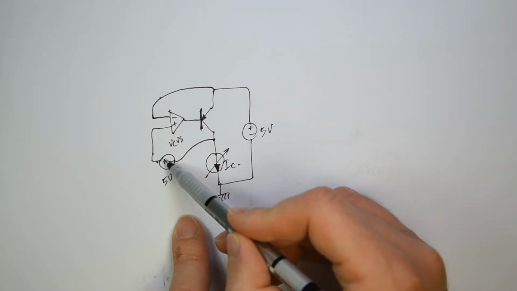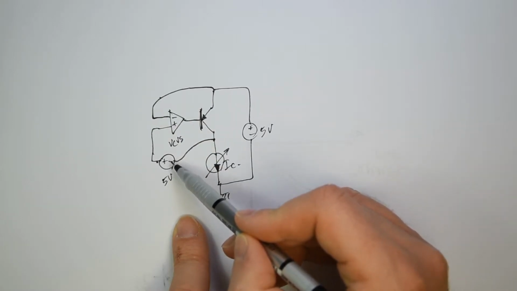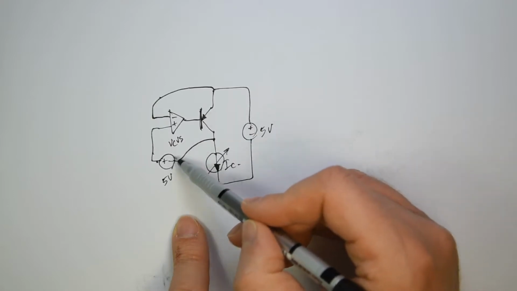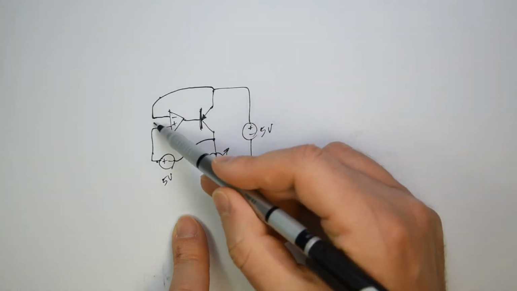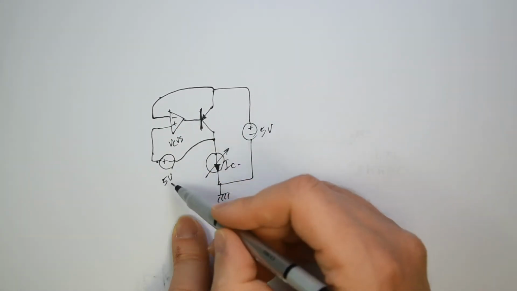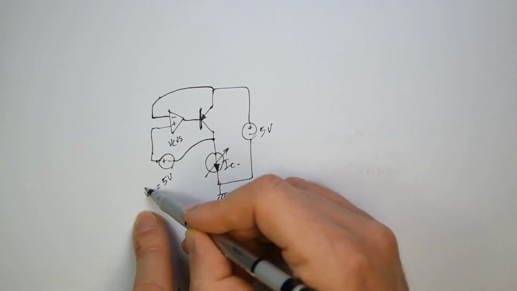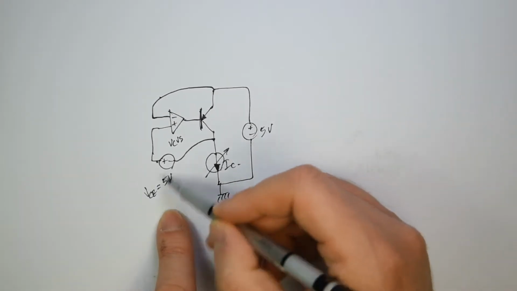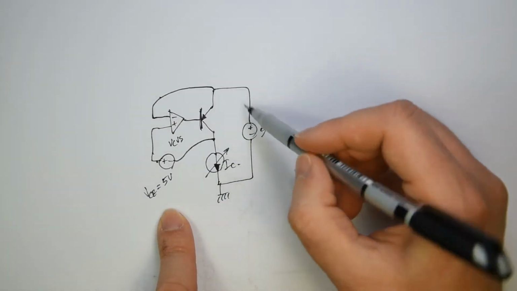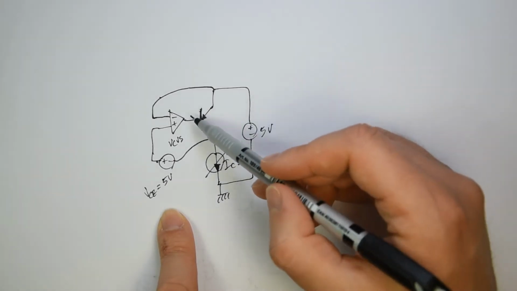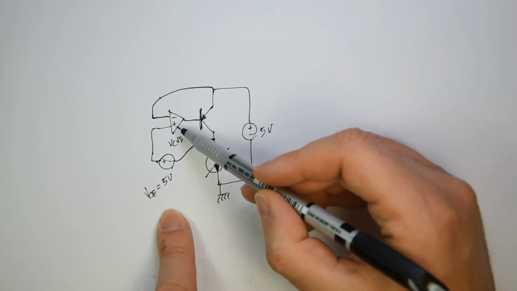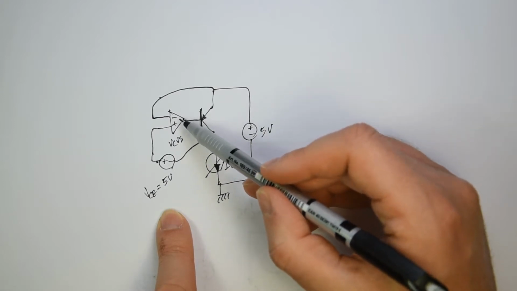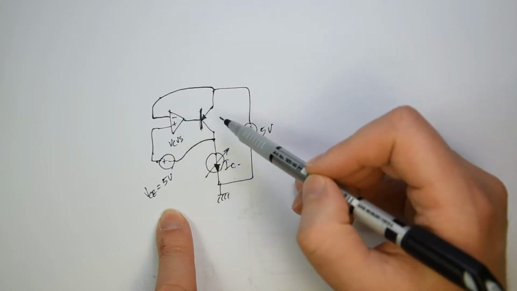So means that if you have here a constant supply, a constant voltage source, then this constant voltage source will actually be emitter to the collector. So this collector to emitter, or emitter to collector, whatever you want to call it. And the base to emitter voltage will be generated automatically by the loop, by the op-amp.